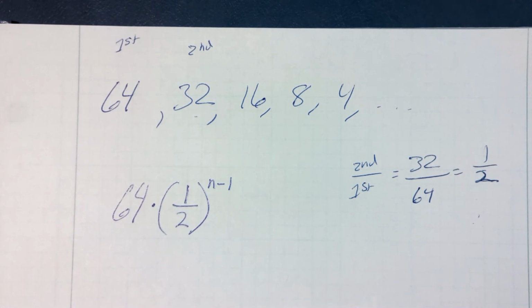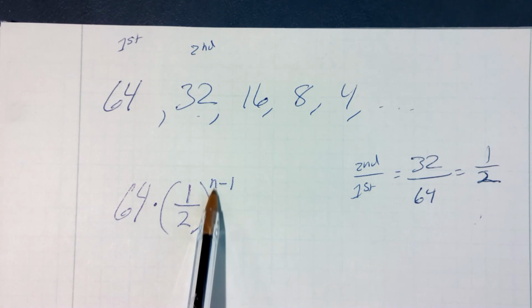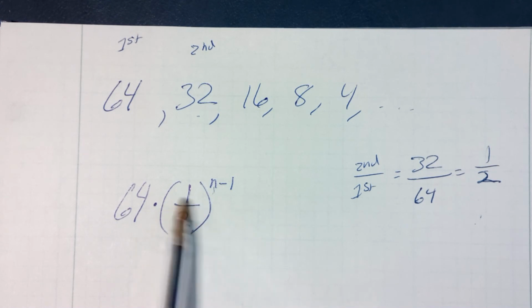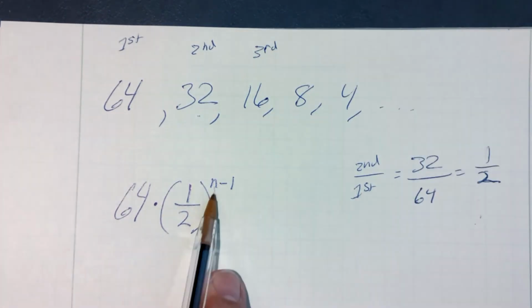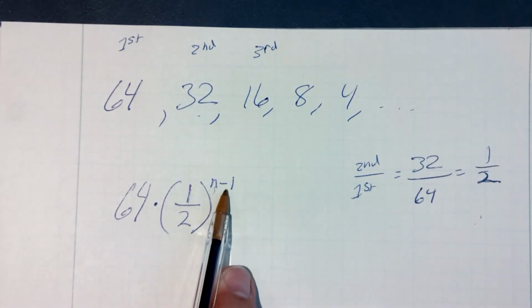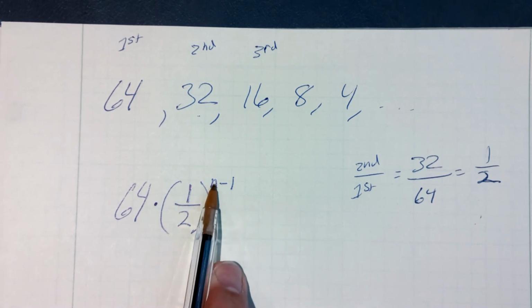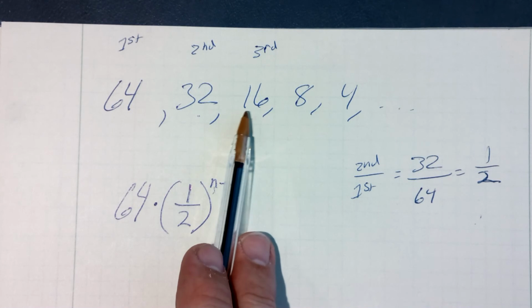But if I plug a 2 here for the second term, because remember, n means the term number, 2 minus 1 means I have 1/2 one time that I'm going to multiply by 64. And what's half of 64? 32. If I want the third term, I plug a 3 here, and 3 minus 1 is 2. So I have 1/2 raised to the 2, or 1/2 twice. 1/2 times 1/2 is 1/4, and 1/4 times 64 is 16.